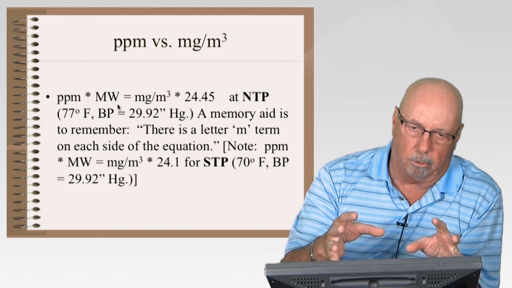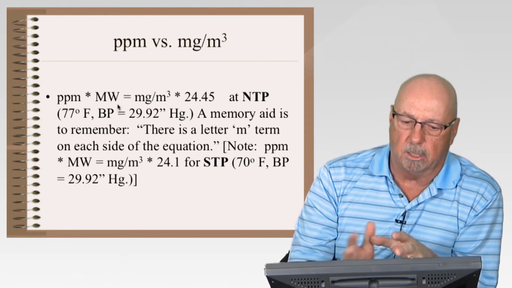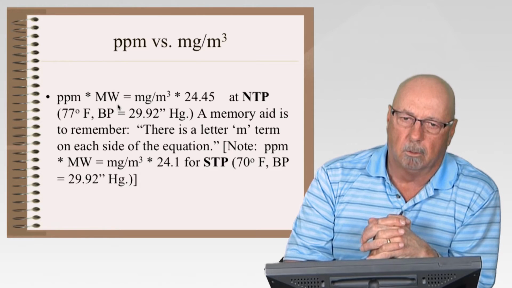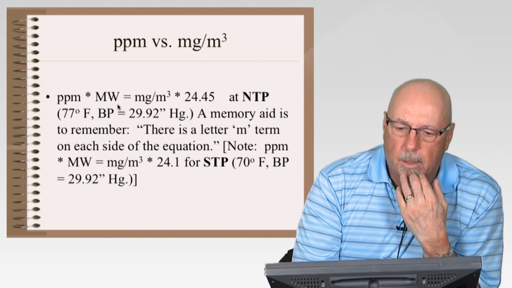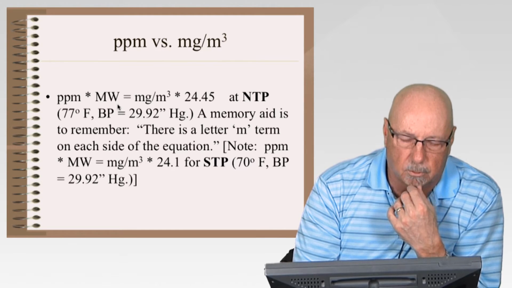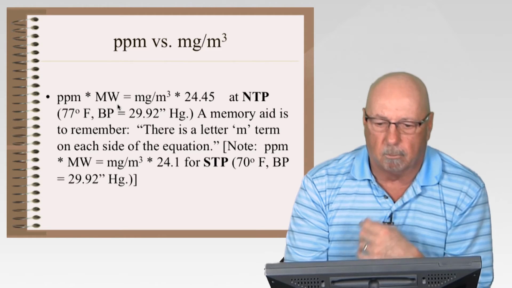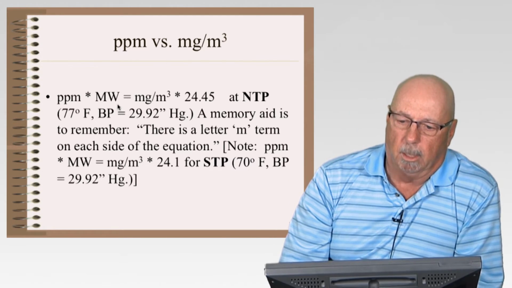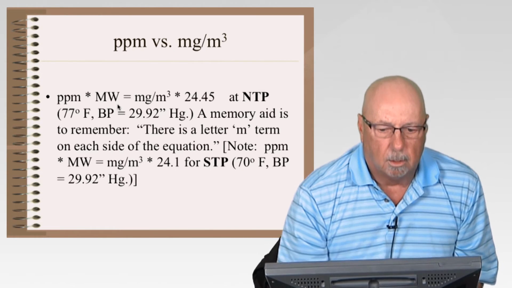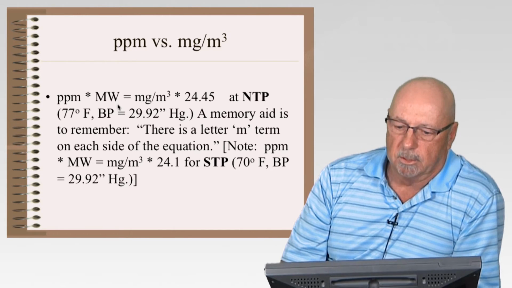If you plug it into your formula and the ideal gas laws, you would see this constant change from 24.45 to 24.1. Most of the time, for most of our problems, you're going to start with the formula using the constant 24.45, the ideal gas law setup.